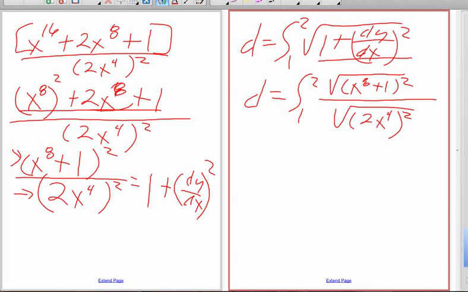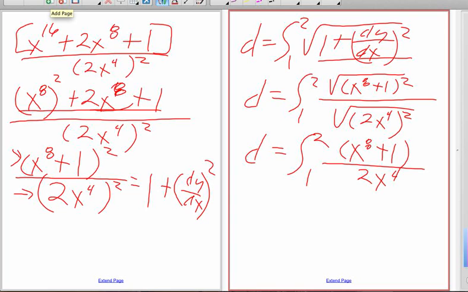Now you see why I didn't do that. The squares and the square roots cancel each other out. So now d is going to be equal to the integral from 1 to 2 of (x to the 8th plus 1) over 2x to the fourth.